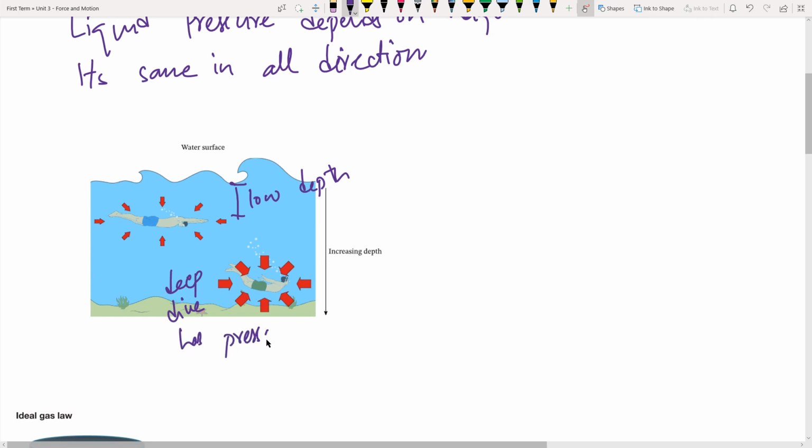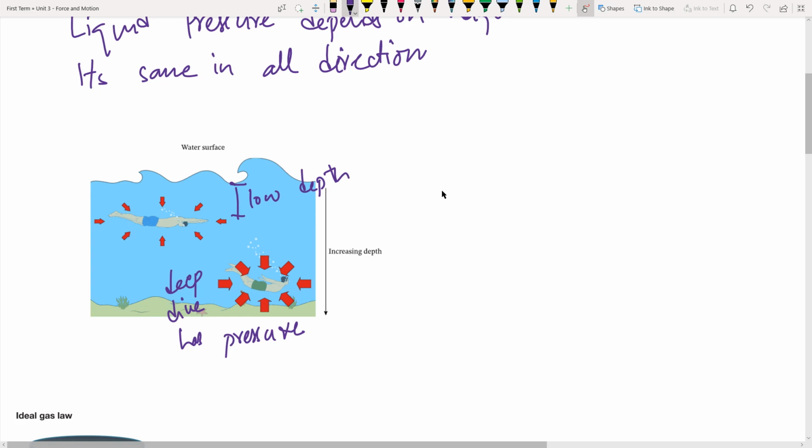You can feel that once you go into a swimming pool: barely below the surface, you don't feel much of the weight of the water, but as soon as you go deeper, you find that the water is trying to crush you down. And that crushing force is due to the increased pressure of the liquid.